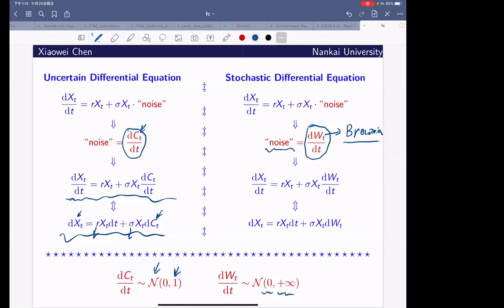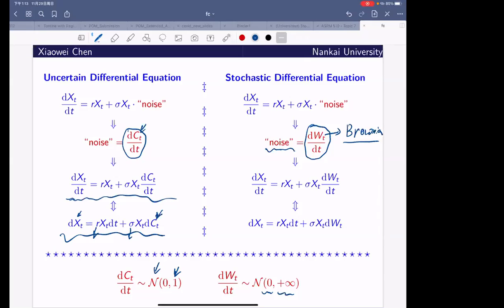It is not a Brownian motion, it is a Liu process. So uncertain financial engineering theory is a theory based on the Liu process, also a theory based on uncertain differential equations. All our works are based on this very strong tool.